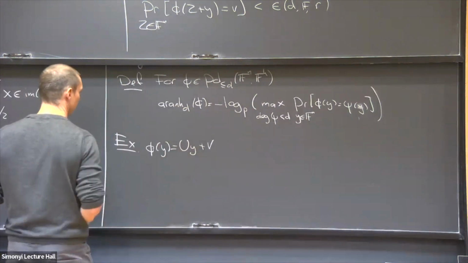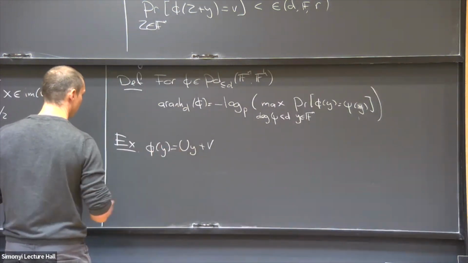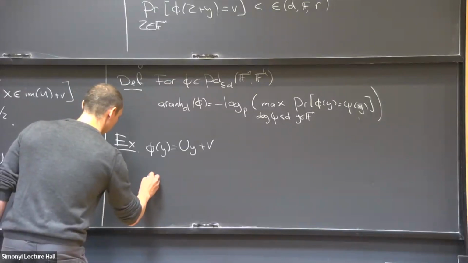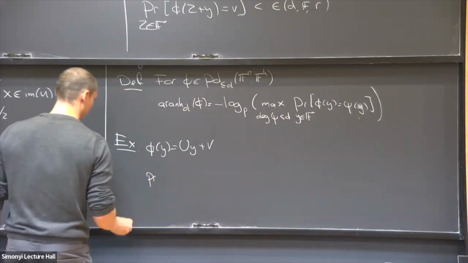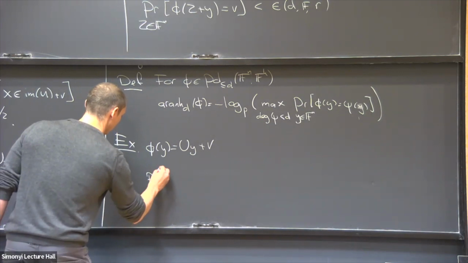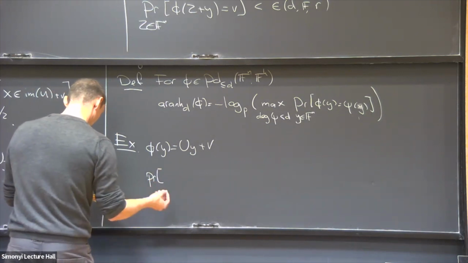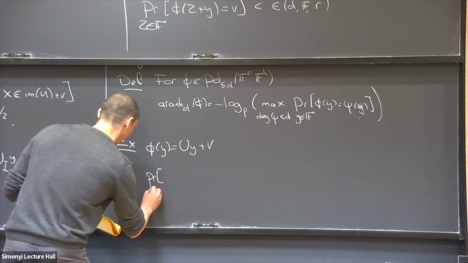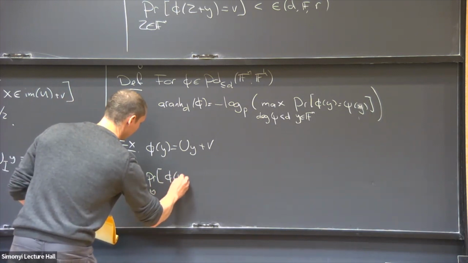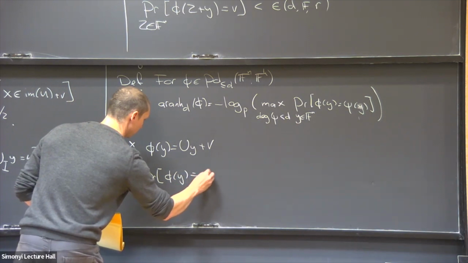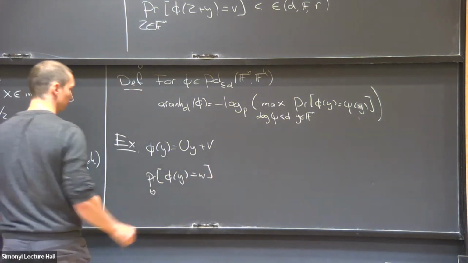And to see that this gives you the rank of U, it suffices to compute the probability over uniform y that phi of y is equal to some fixed vector w.